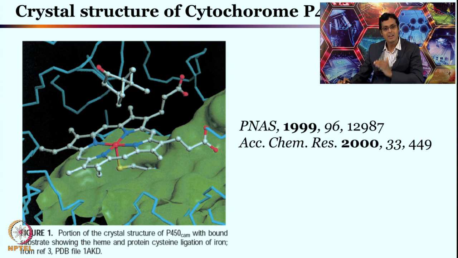We will see a list of reactions today where cytochrome P450 can play a crucial role. I hope you got that this is a porphyrin center and iron in the middle, so heme iron center with the cysteine, thiolato binding, is the site responsible for the chemistry.